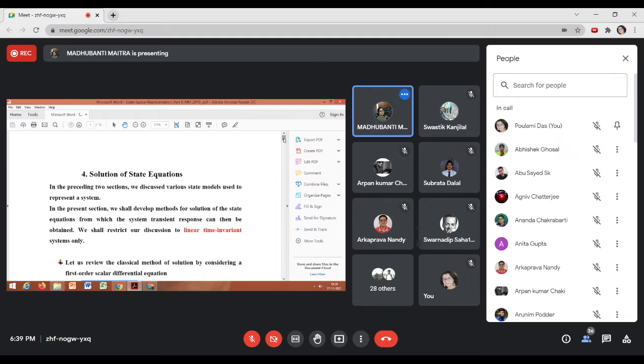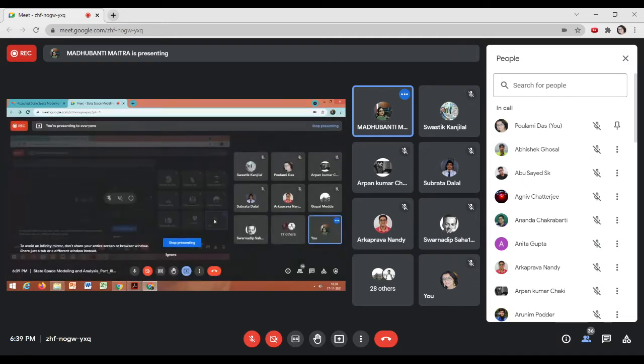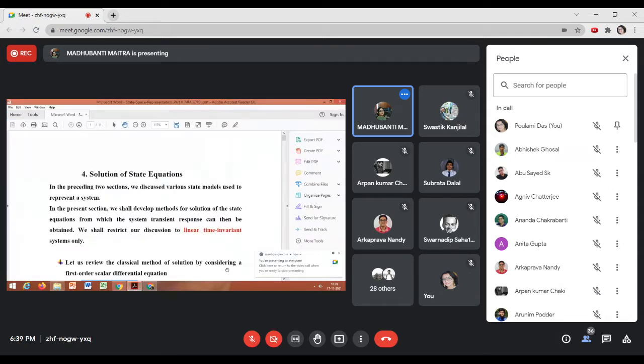That means x(t) versus t for all t greater than time t equal to 0, or time t equal to t0 if t0 is the initial time, right?